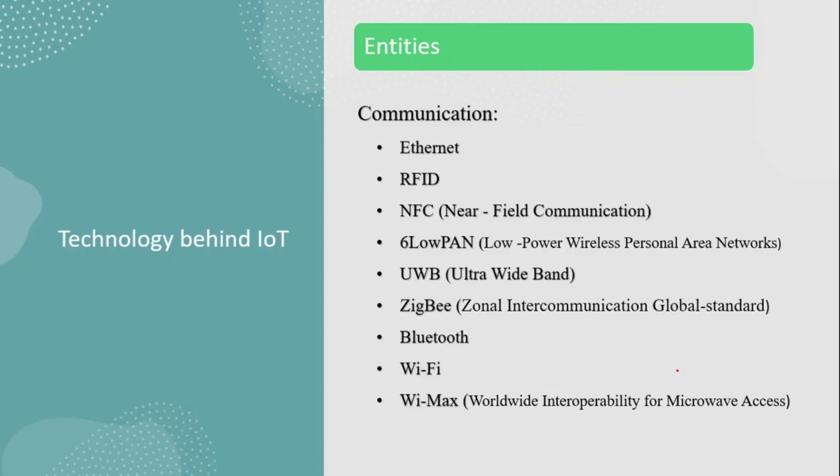These are the different communication channels in IoT. In coming videos, we will discuss all these concepts. Just remember the headings. And the final one is 2G, 3G, 4G, which are cellular networks.